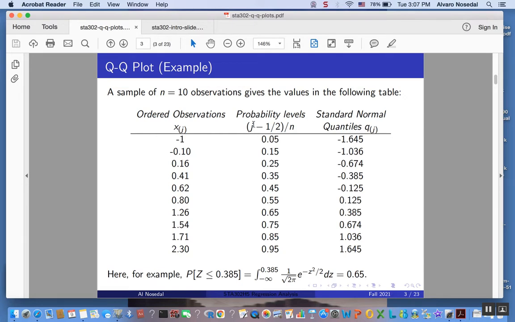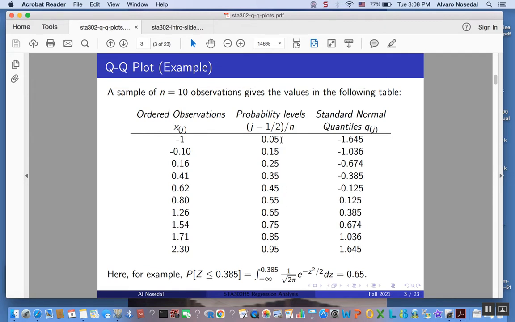So in general, for the jth observation, if it was the empirical CDF, it would be j over n. But we modified this one slightly, so it's j minus 1/2, so it would be 1 minus 0.5 divided by 10, 0.05. Makes sense? 2 minus 0.5 divided by 10, and so on.